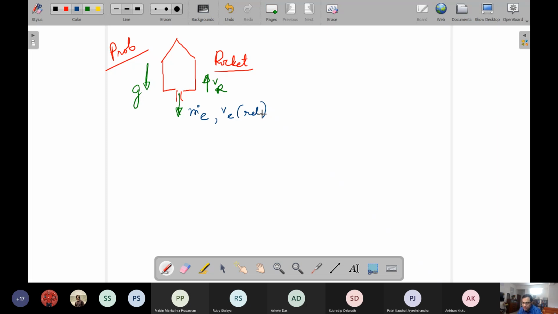So these are constants which are given. The objective is to find out the velocity of the rocket as a function of time.